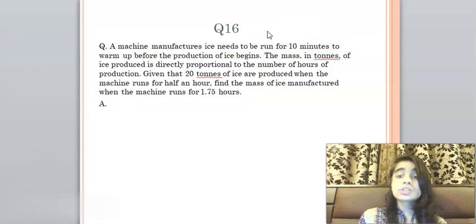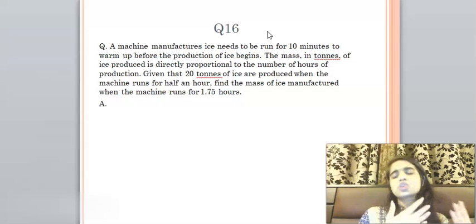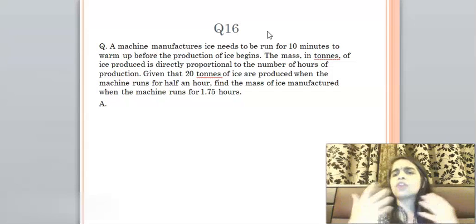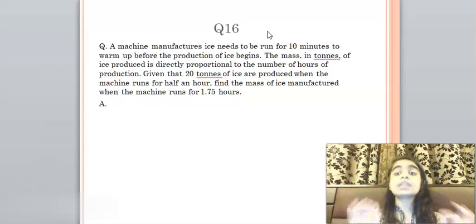Whether you're producing ice or not, these minutes will be required to warm up the machine. They won't be required in the production of ice. So they are fixed, whether you're using the machine for 10 more minutes to actually produce the ice or for 5 minutes. But these 10 minutes to warm it up are important.